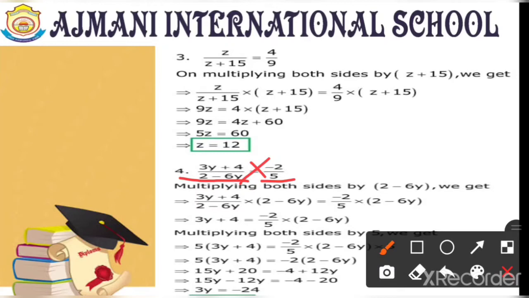You would get 5 bracket of 3y plus 4 is equal to minus 2 multiplied by 2 minus 6y, and when you solve it further, you would get 15y plus 20 is equal to minus 4 plus 12y, or when you solve, you will get y is equal to minus 8 as your final answer.